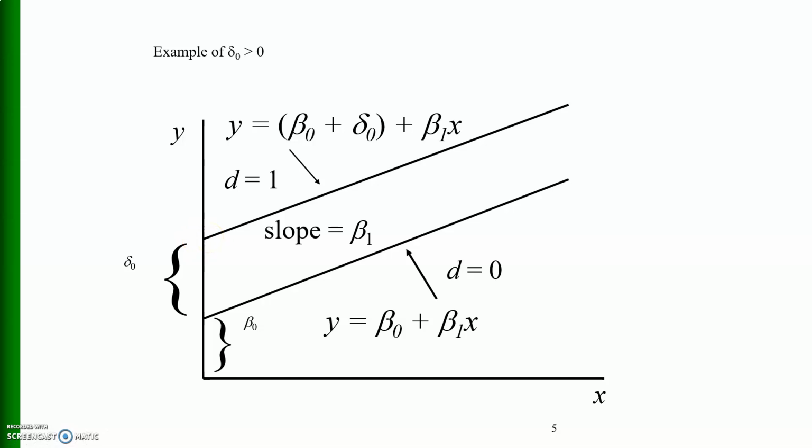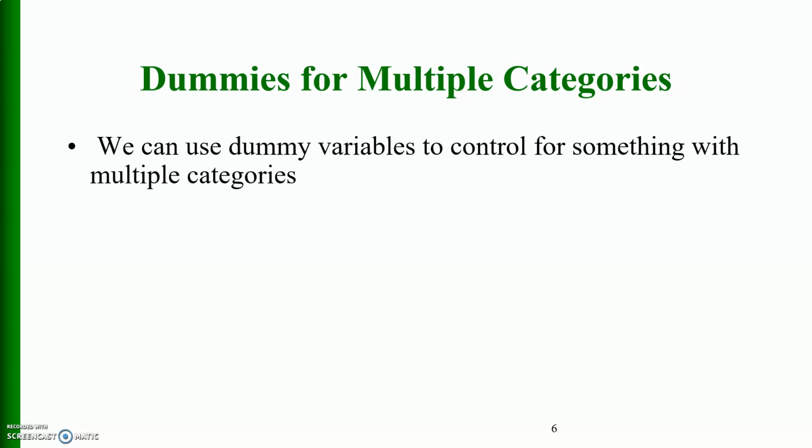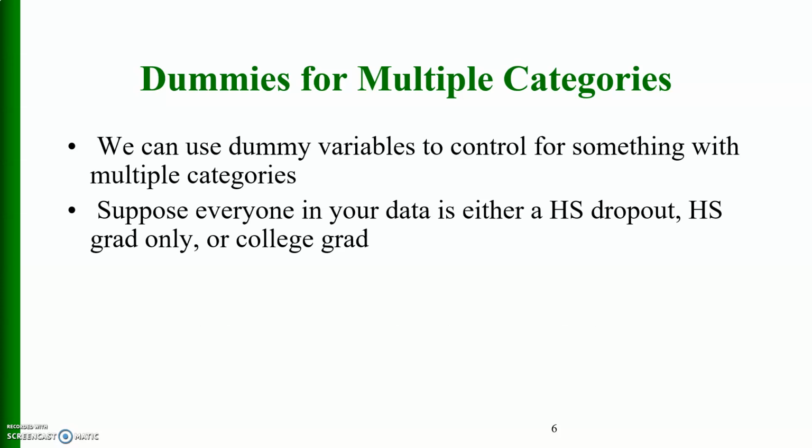And this is the example of when sigma naught is positive. If it is negative, then the intercept will be shifted downward. Dummies for multiple categories. We can use dummy variables to control for something with multiple categories. Assume everyone in your data is either a high school dropout, or high school graduate only, or college grad.